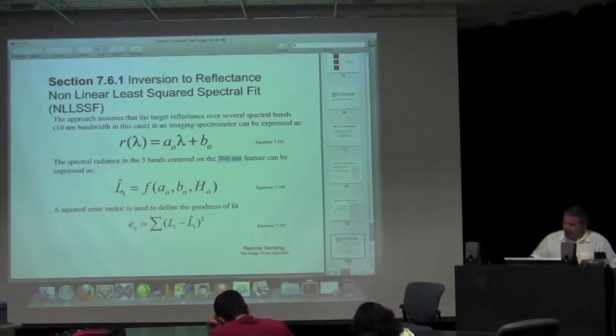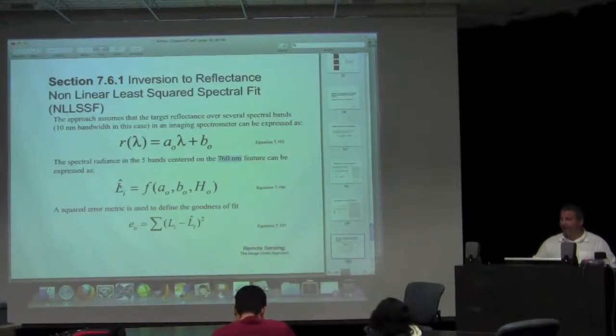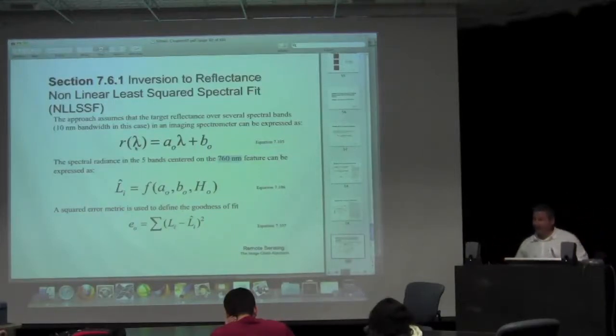Now, the radiance that you can predict from a propagation of all the energy using this reflectance curve, you get this. L hat is the radiance that you're going to predict using this reflectance curve and the exoatmospheric solar radiance, the downwelling radiance, the path radiance, and all of that.